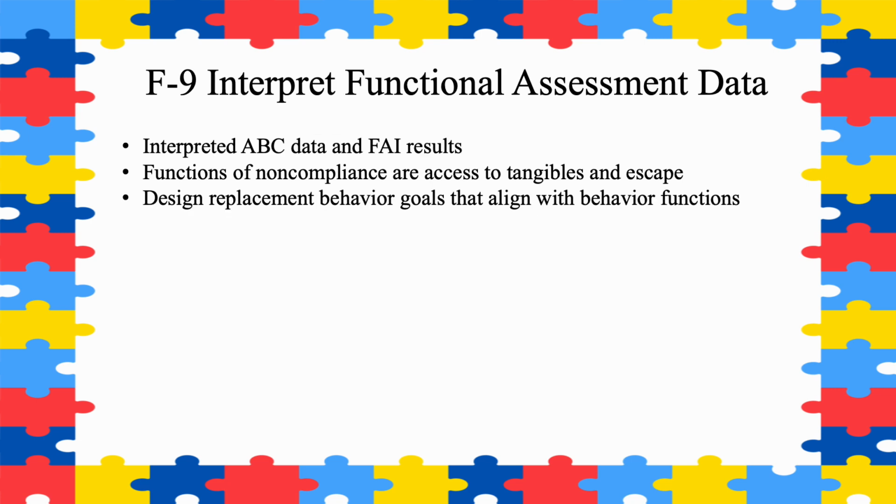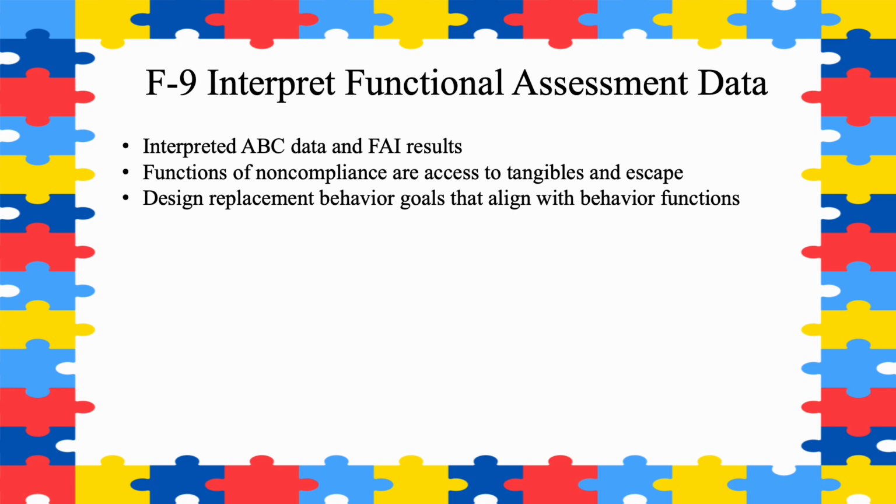behavior. The final task list item that I will be focusing on is F9, interpret functional assessment data. As we completed the FBA process, we interpreted the ABC data and the FAI results.